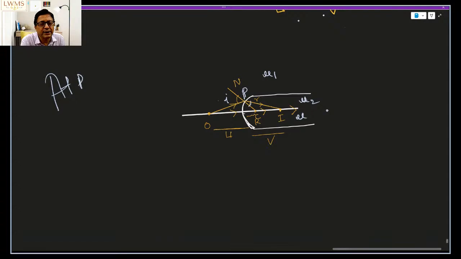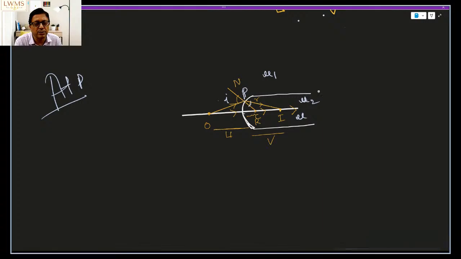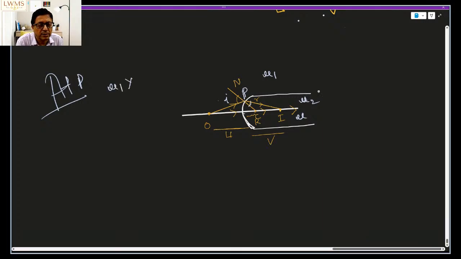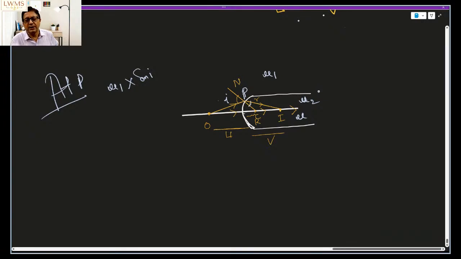So at P, use the generalized Snell's law: mu1 sin I equals mu2 sin R. Clear?